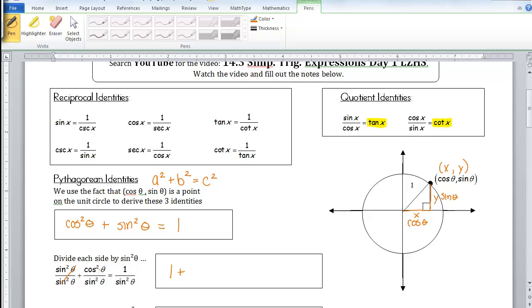Even though we're dividing cosine squared by sine squared, we can still use the quotient identity. It will just give us cotangent squared. Then if we look to the reciprocal identities, 1 divided by sine is cosecant. And so again, because this is 1 divided by sine squared, it will give us cosecant squared.